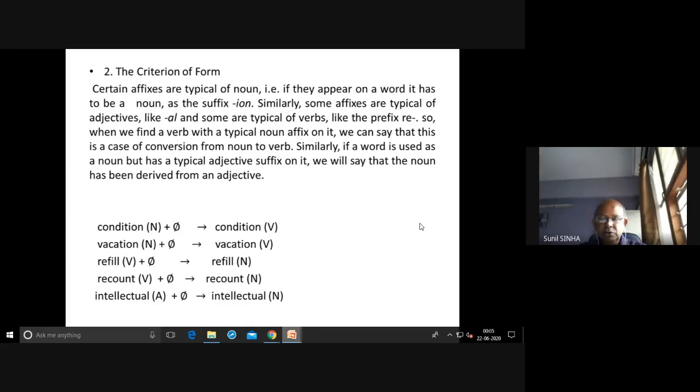Look at two more words, refill and recount. Re, R-E. This is a prefix. And this prefix can be added to which class of word? Can be added to a noun, like boy. Boy is a noun. Can we say re-boy?